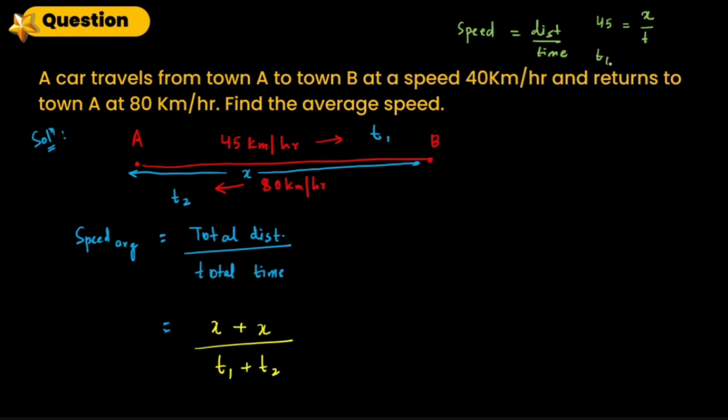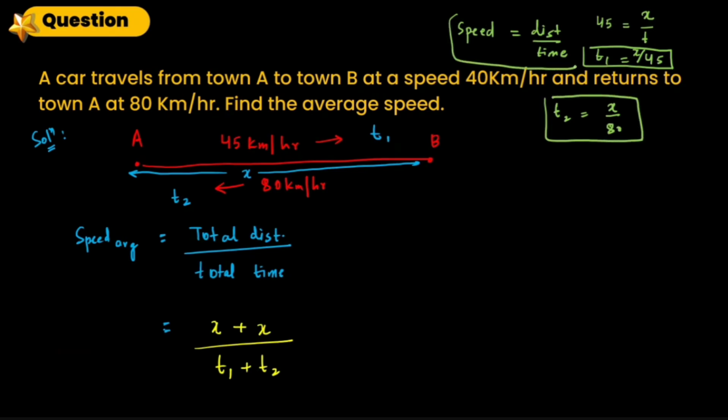So from here I can say t1 is going to be x by 45. Similarly, t2 is also going to be x by 80. By using this simple relation, which we already studied in the previous classes, we can find out.